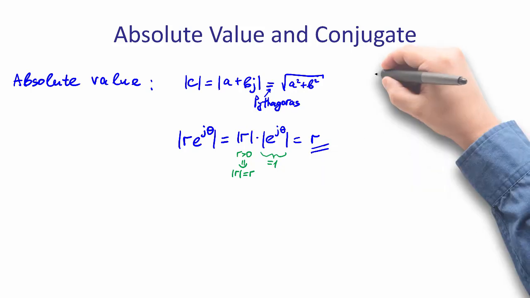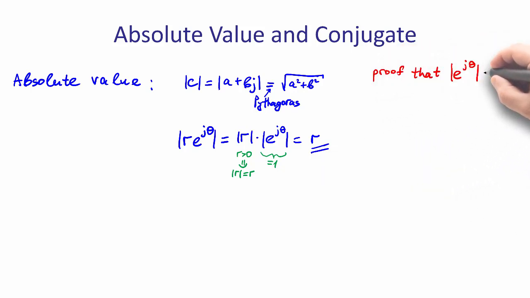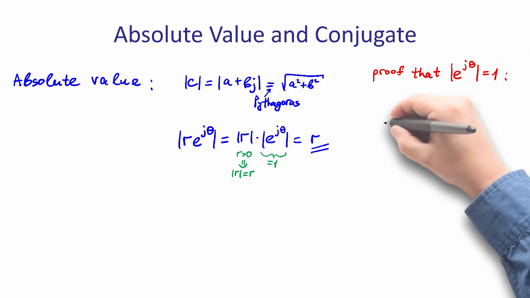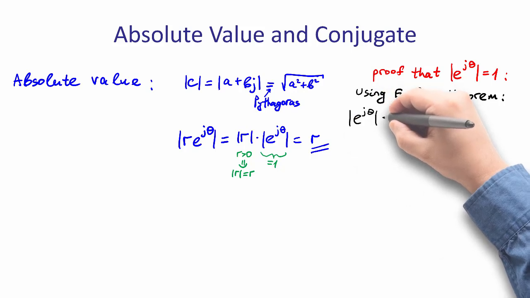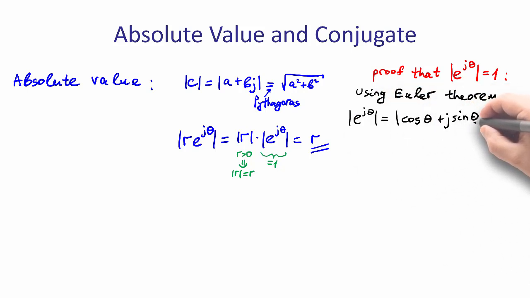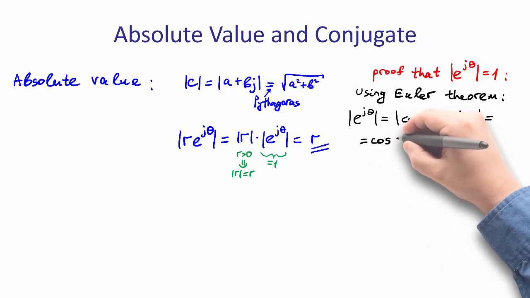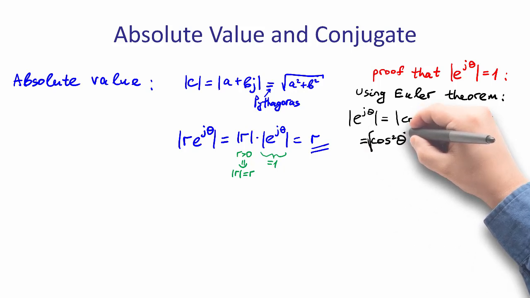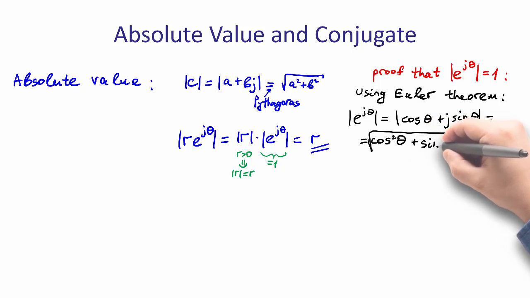Now, why is that true? Based on the Euler theorem, e to the j theta is basically cosine theta plus j sine theta. And absolute value of that rectangular representation of complex number, as we've seen before, is just square root of cosine square theta plus sine square theta.